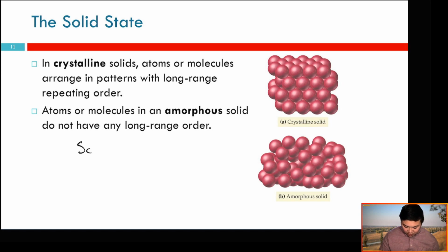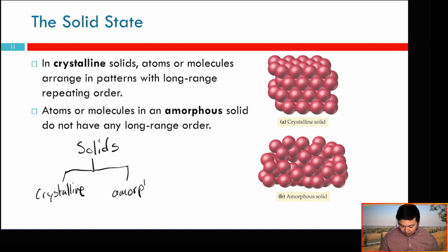We have solids, and from solids we can make this sort of tree, and we have crystalline solids and amorphous solids. The crystalline solids are things like salt. Salt is the easiest example of a crystal, or quartz. Even the things that you think of as crystals, amethyst, diamonds, those have a crystal structure.